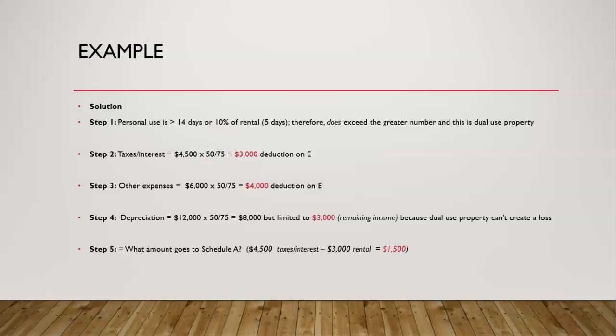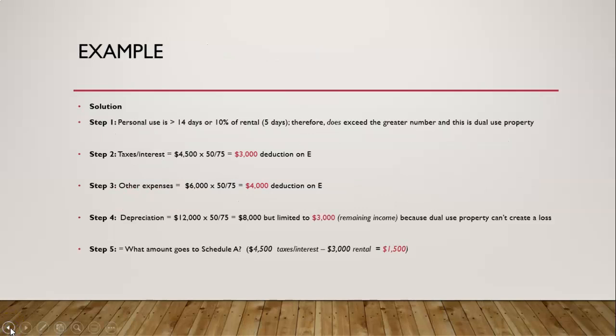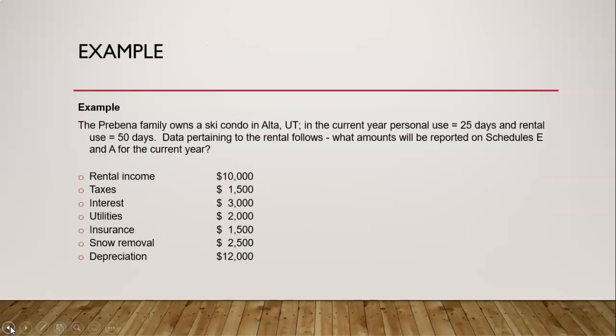Now, since we have category 3, we have to allocate the percentages. So again, we have 50 days of rental use. We have 75 total days that it's used.